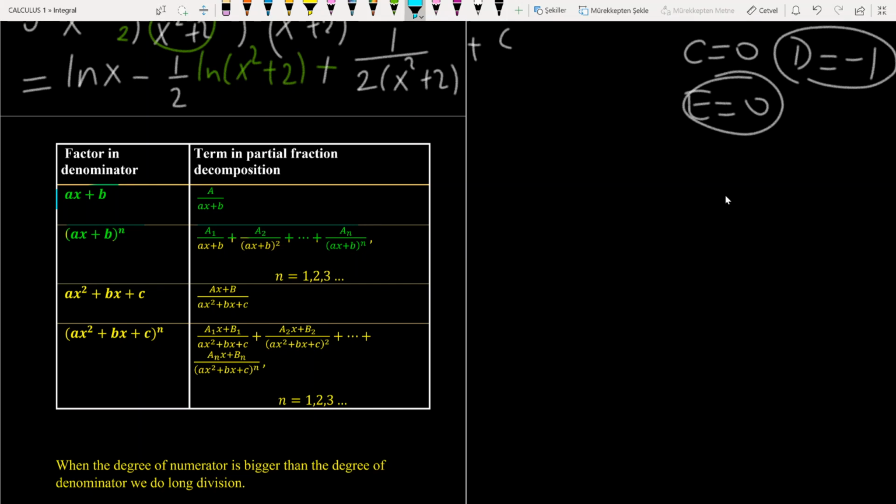If you have ax squared plus bx plus c in the denominator, the partial decomposition of this expression is ax plus b divided by ax squared plus bx plus c.